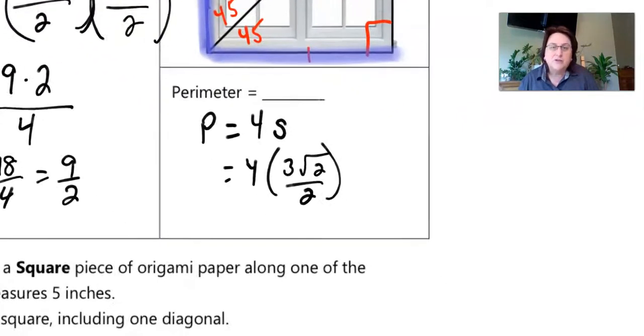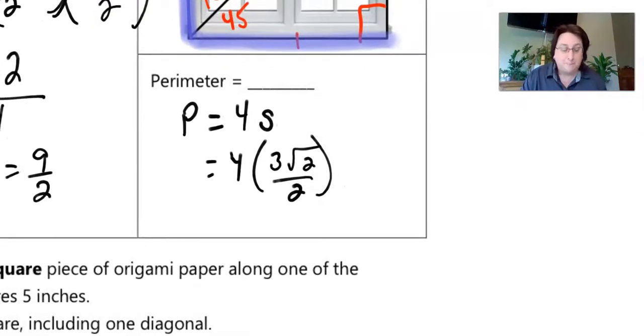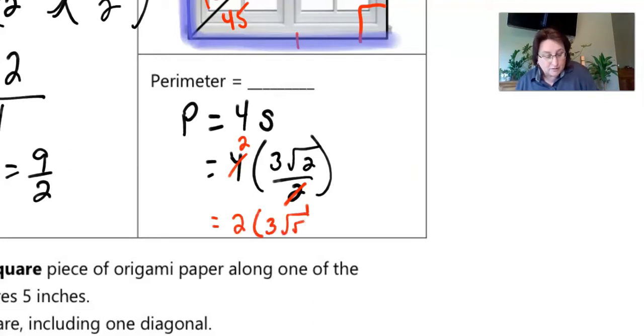Okay, so guys, I'm going to zoom in right here and show you something. We can actually reduce this, simplify it before we even start. 2 goes into 2 once, 2 goes into 4 twice. So we have that this equals 2 times 3 square root 2. Let me erase that and make it to where you guys can actually see it. 3 square root 2. And now that's a little bit more manageable.